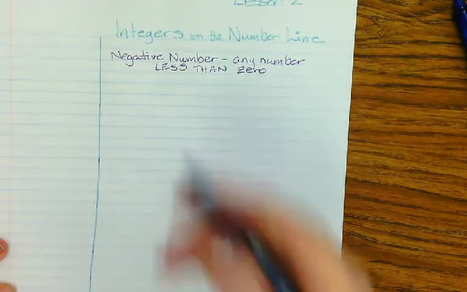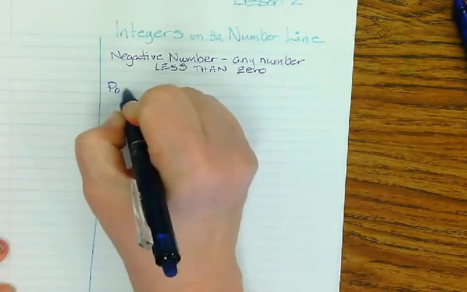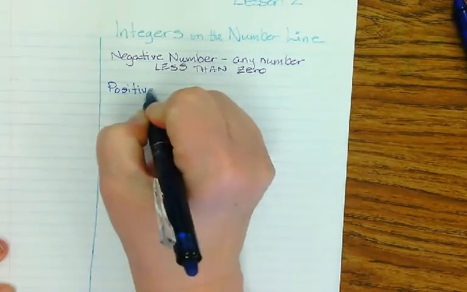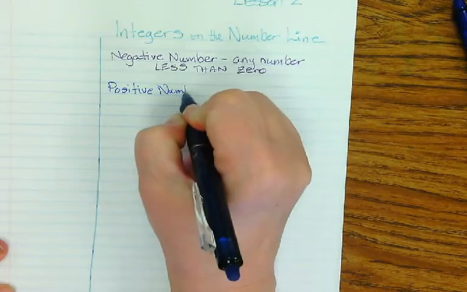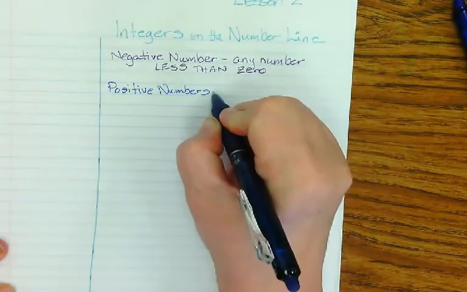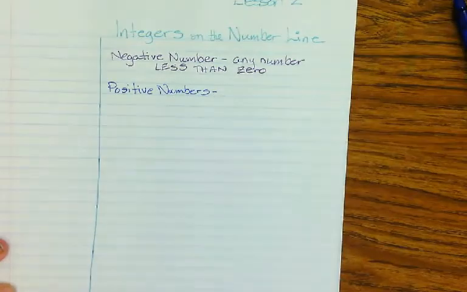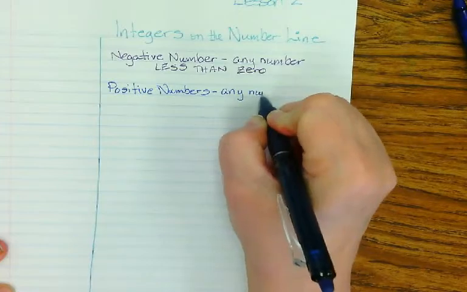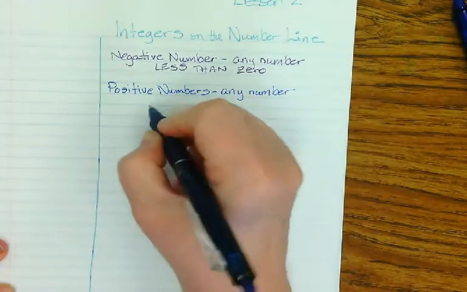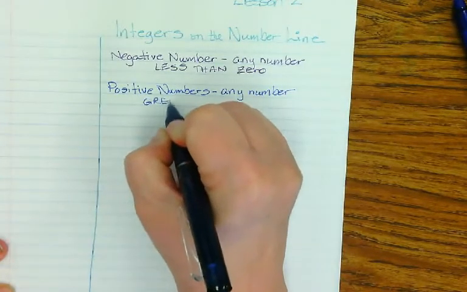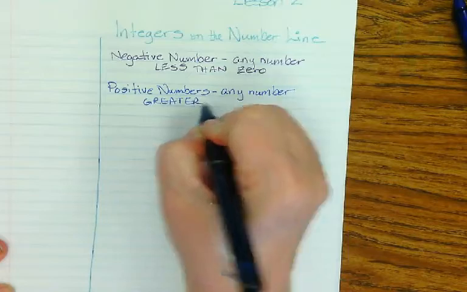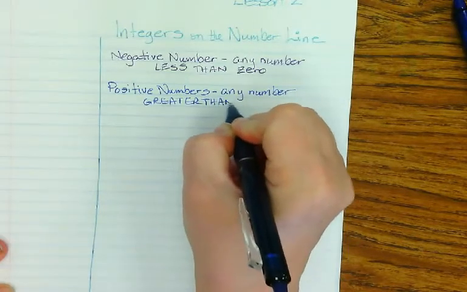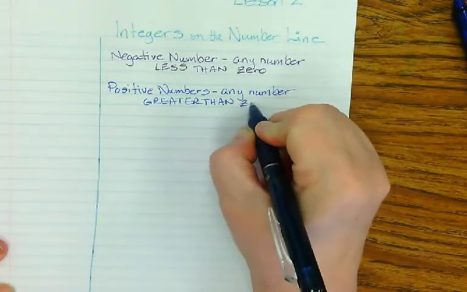That's a negative number. And then, of course, we have positive numbers, which up until now, that's all you've dealt with in school. Negative numbers are a new thing for you. Positive numbers we've used all along. These are any number greater than 0.